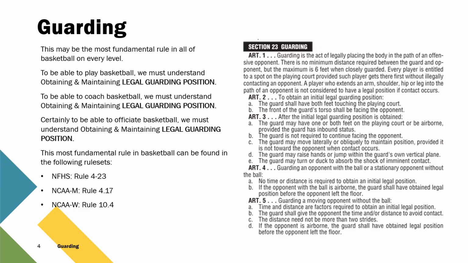But the NCAA men have a couple of caveats to this rule with regards to path, and they gather right before a shooter or a ball handler dribbler is to go airborne. But in principle, everything else about the rule is the same on every level. This most fundamental rule in basketball can be found in National Federation High School Rule 4-23, where this particular image is coming from.